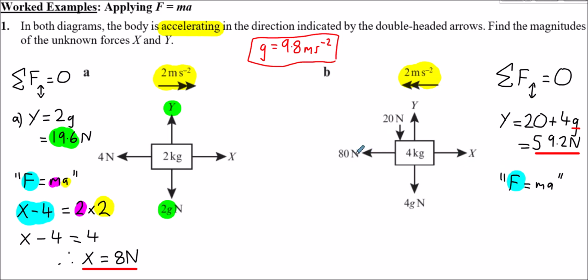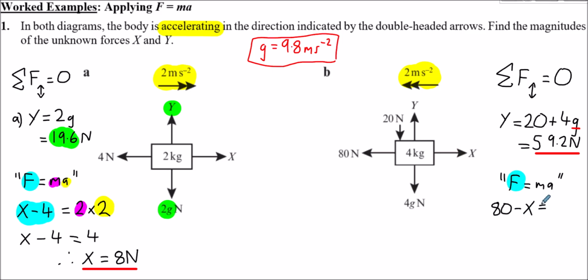The force going in the direction of acceleration is 80, but working against this force is x. So the overall force going to the left is 80 minus x.